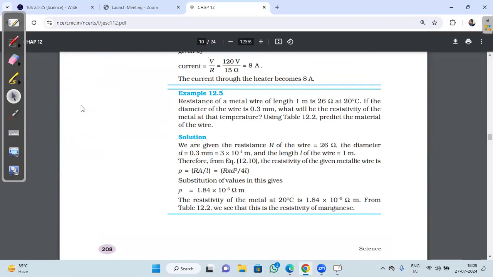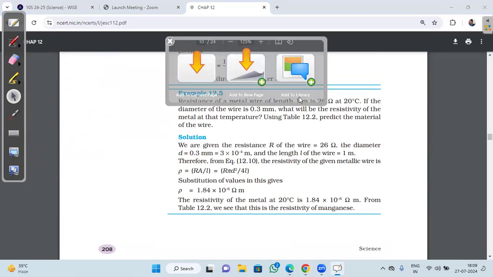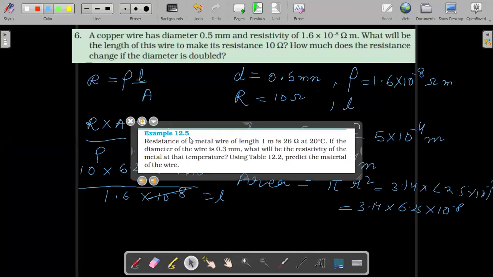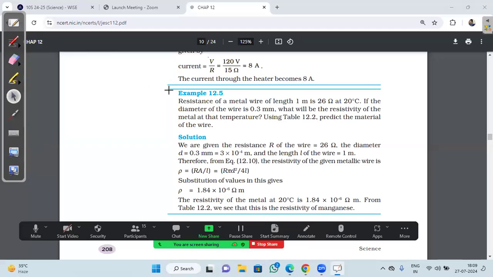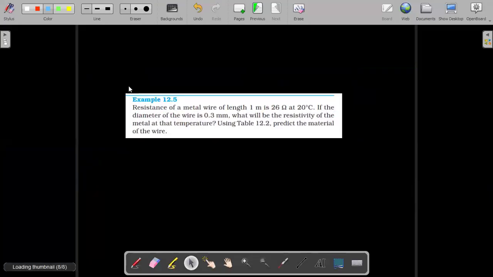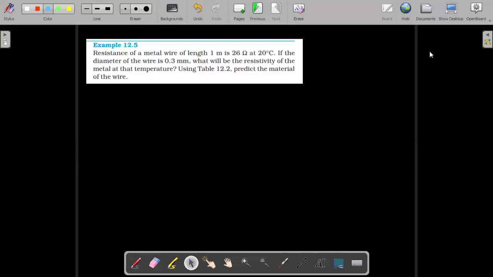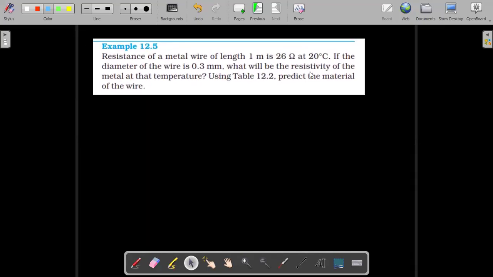You need to try this 12.5. It's already a solved problem. I'm adding it here. Got it? So you can either take a screenshot or it will be available on the WeXL.